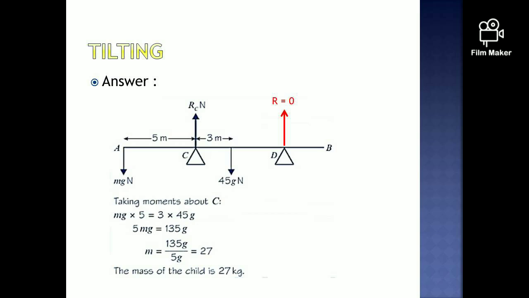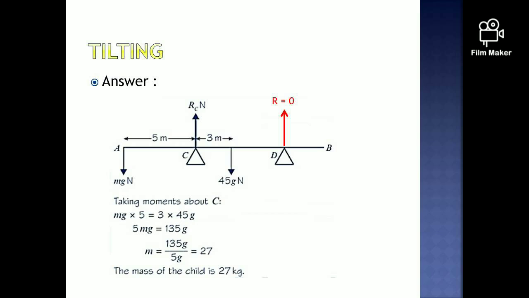Under these two conditions, the object remains in equilibrium. But if the mass of the child exceeds 27, definitely he cannot stand like this. The rod will topple and rotate or swing at point C, the system breaks its equilibrium and the child will fall from that corner.